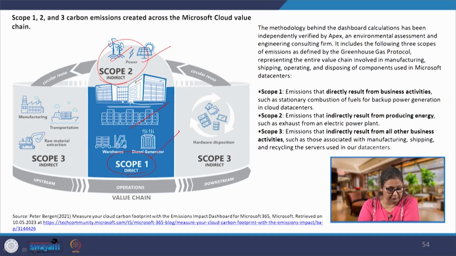And then we have, for example, diesel generators, or there might be warehouses where a lot of direct emissions due to machinery, due to different equipment that might be used there, will result in scope 1 direct emissions.